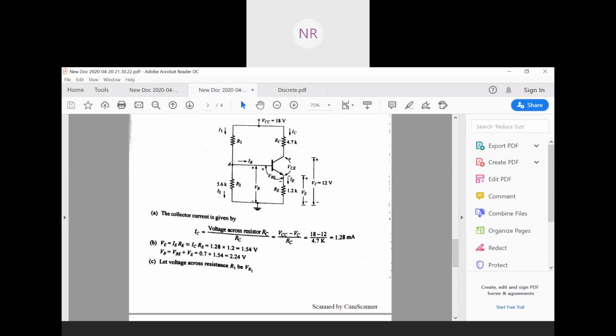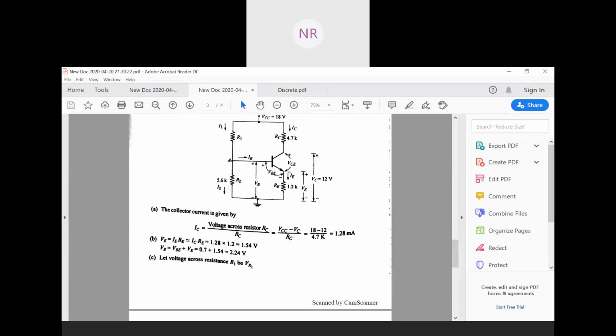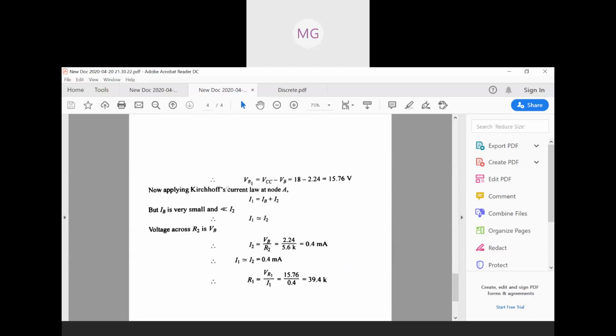VCC minus VB divided by I1 is nothing but R1. So I don't know I1. So calculate I1. Consider this junction now. I1 is equal to I2 plus IB. Compared to I2, your base current is very much small. So we can approximate I1 is equal to I2.